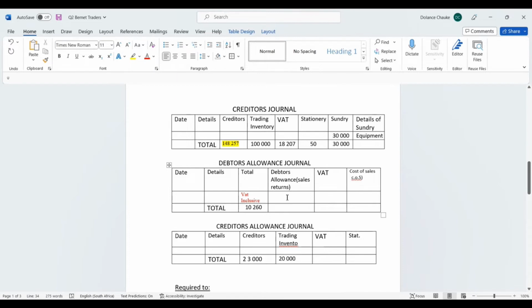So in order for us to get this, let's start by calculating our VAT.